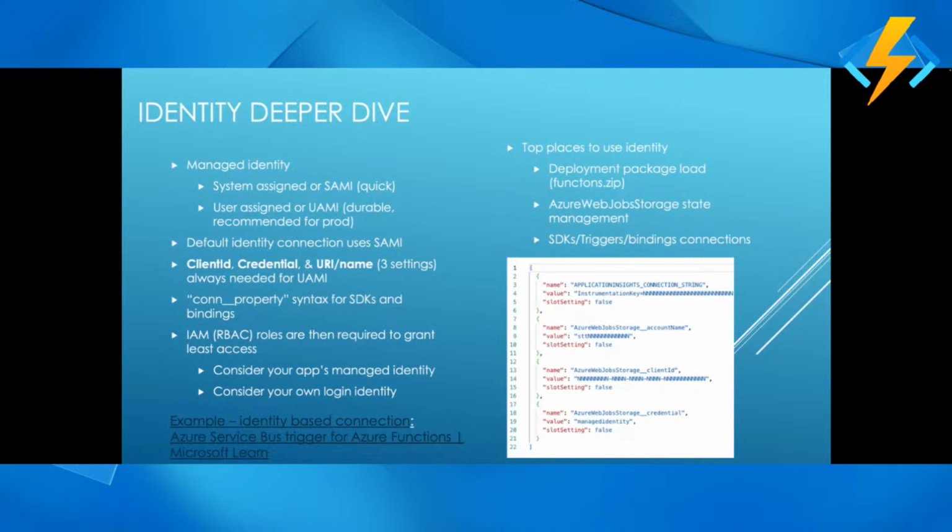And really, we're doing this instead of using keys and secrets in those connection strings, which tend to end up on disk, in source code control, in emails, in files, and all these things are vulnerabilities. So by switching to identity, we're on a much more secure pathway to work with our services.